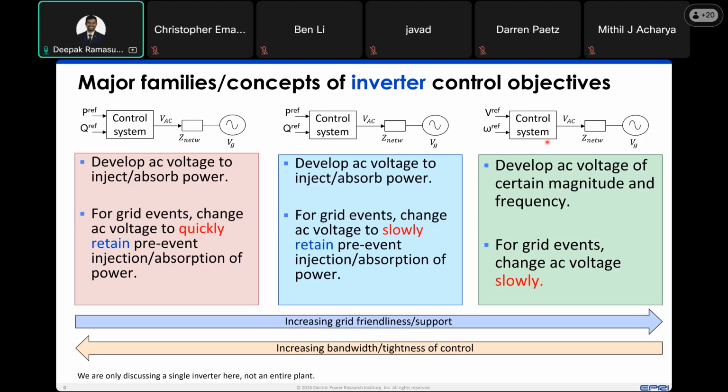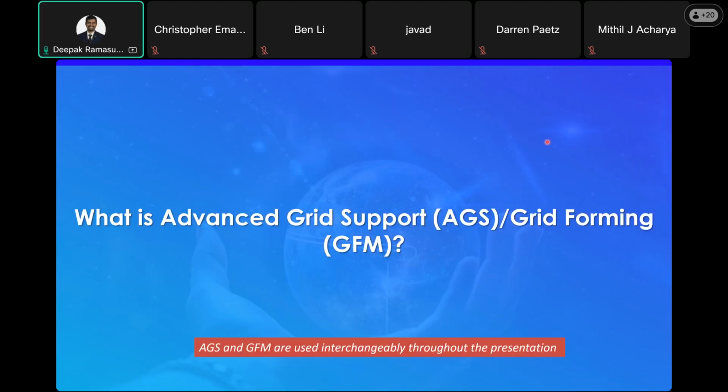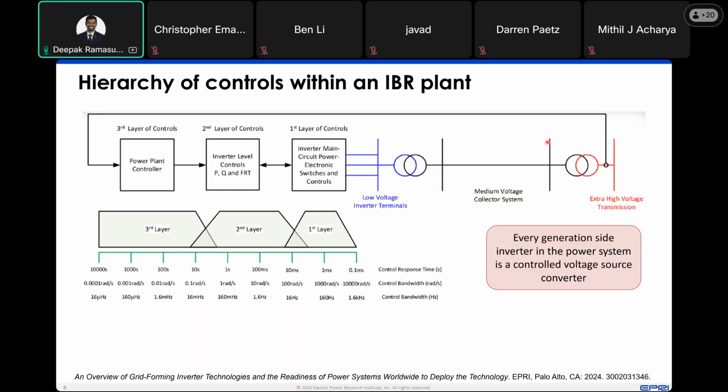That concept helps set the stage for what advanced grid support or grid forming is, and what we want from these inverter-based resources as we go further along in our journey of adding them to the system. Let's go back again to this hierarchy of controls, just now viewing it from a different perspective.